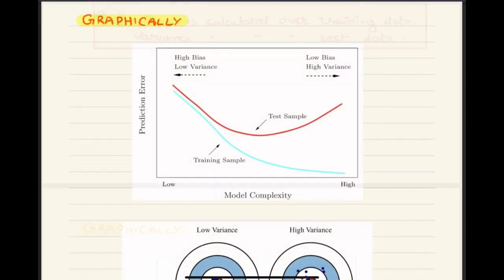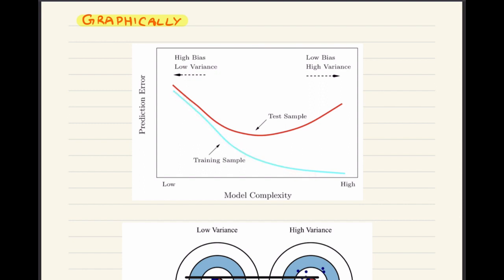Now over to the graph. Continuing with our discussion of graphical definitions, consider this plot, which represents model complexity versus prediction error. You can see that with an increase in model complexity, prediction error tends to decrease over training samples.